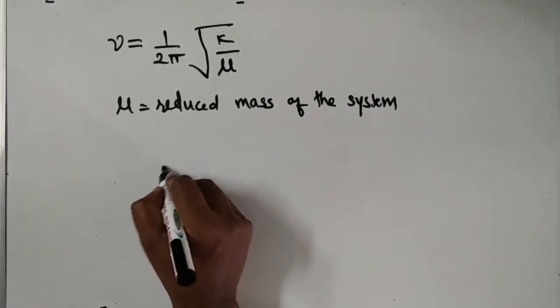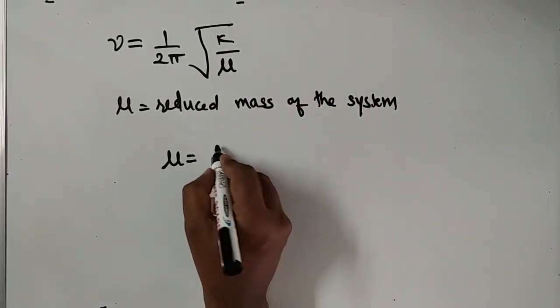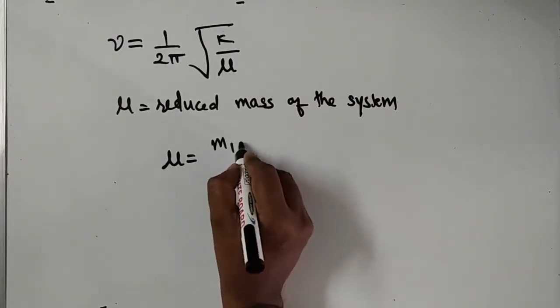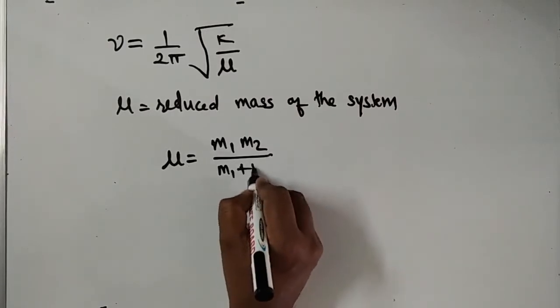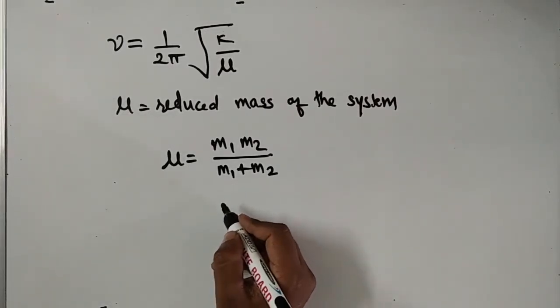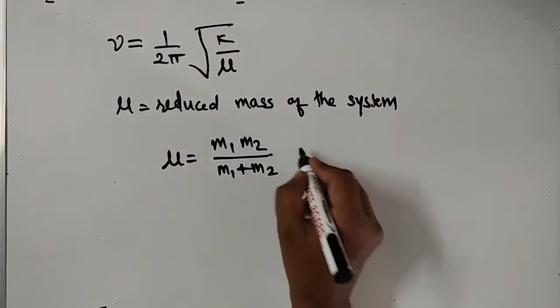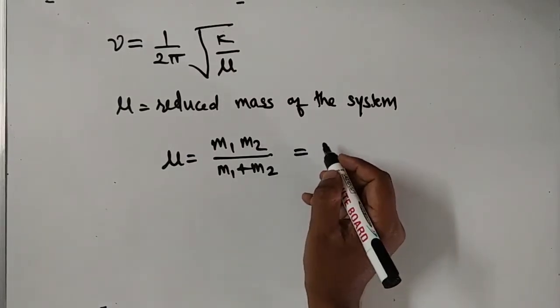Reduced mass is given by the formula mu is equal to M1 into M2 upon M1 plus M2, right? M1 and M2 are the two masses which are given, so we can put the values.